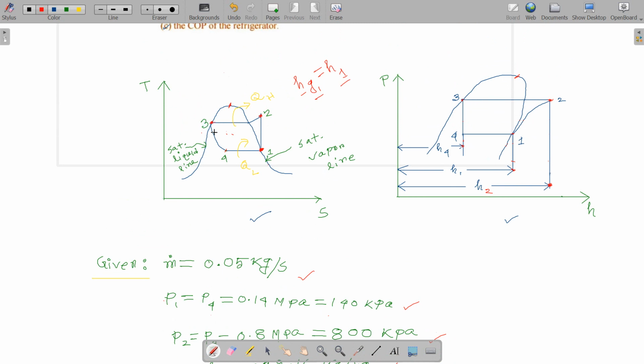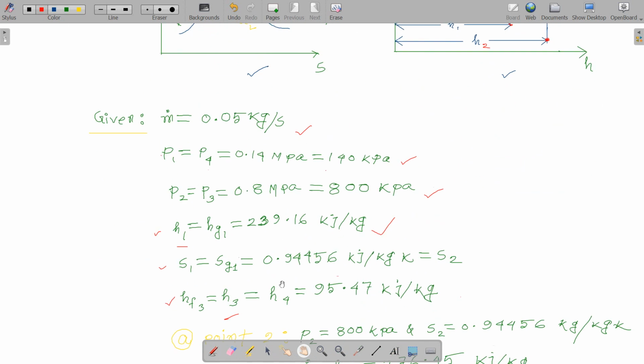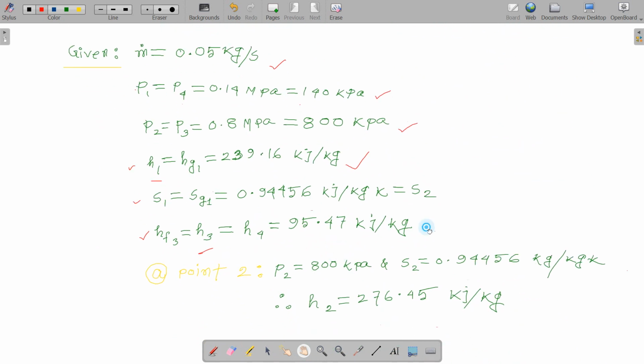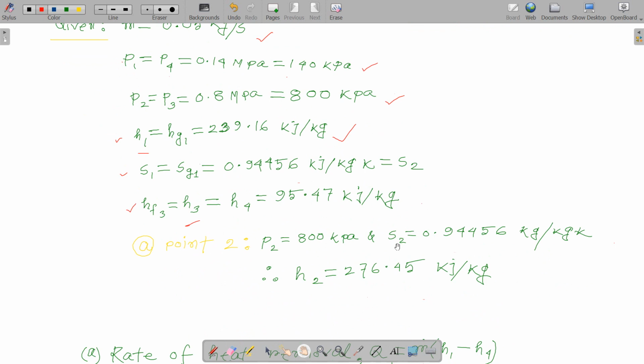As you can see, point 3 is situated just on the saturated liquid line, so there will be no vapor enthalpy, there will be only liquid enthalpy, and the liquid enthalpy of point 3 is equal to the total enthalpy of point 3. So we can say hf3 equals H3. In a similar way you can find it from the property table. I'm not showing this, hope you will be able to find this.